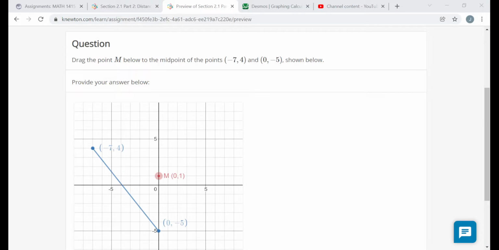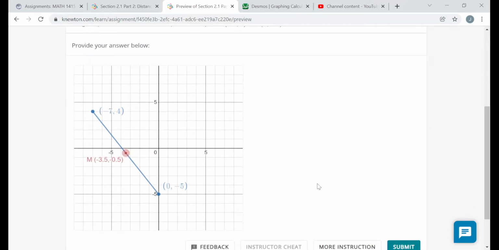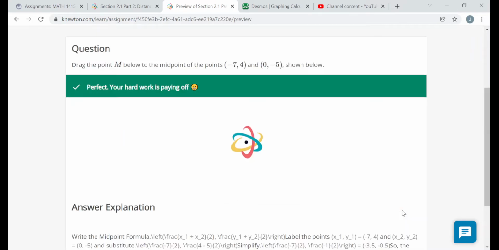Negative 3.5 for x, and then down to negative 1.5. Or sorry, negative 0.5. I had negative 0.5. And there you go, that's on the segment. It looks pretty good. It looks like that point is exactly the same distance from both ends. And great.